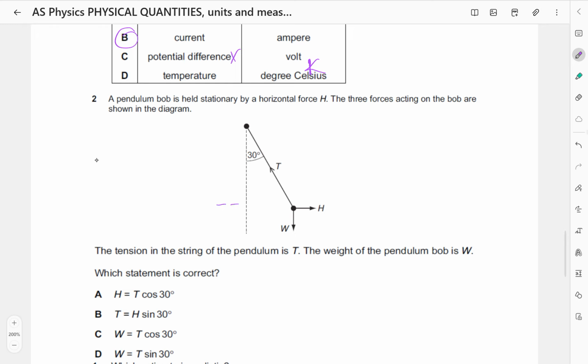So I will draw a horizontal line here. This angle here is going to be, if this is 90, this is 60. So this angle here is also going to be 30 degrees.